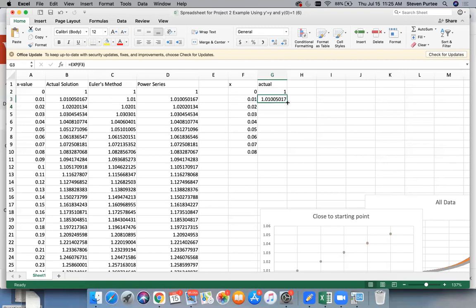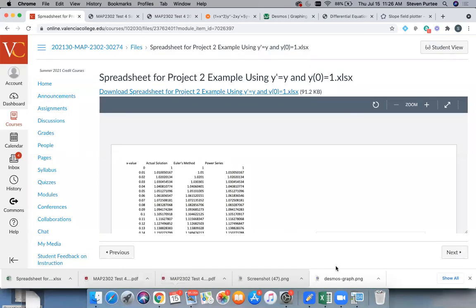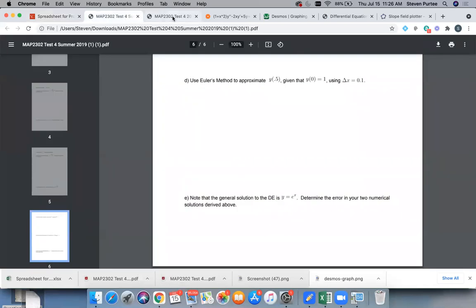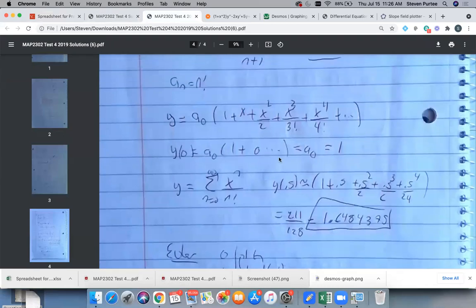And then we grab this little corner here and drag that down as far as we need to go. Let's do power series next. So this, my starting point, this one I can just type in, or I can use the formula. I'll get the same thing either way. Now each x value or each y value is supposed to be using this formula.